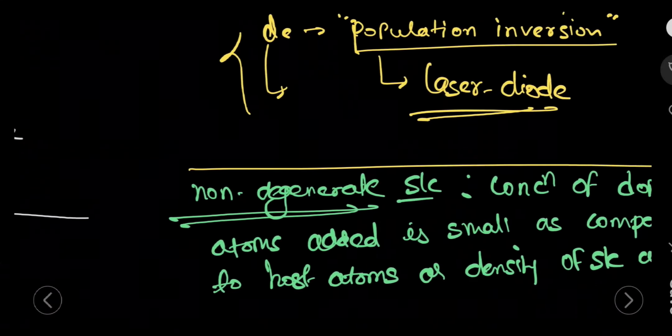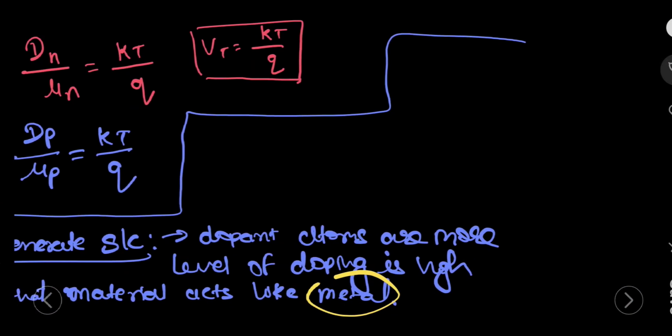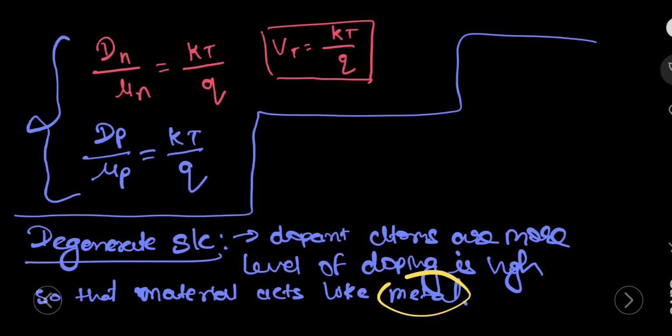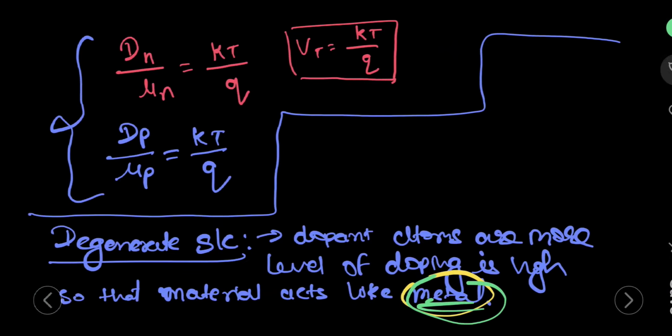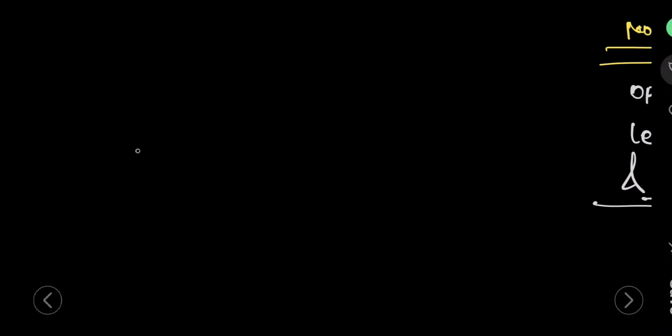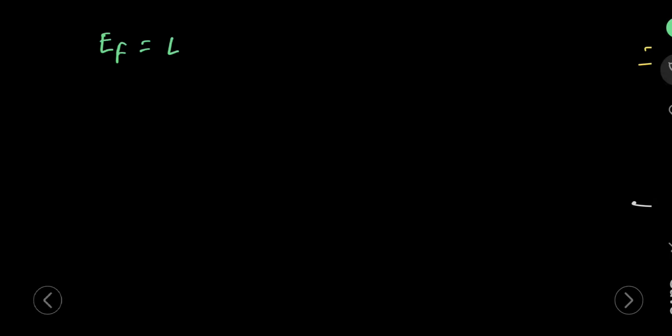When we talk about degenerate, there is one formula for how it behaves like a metal. There is a conduction band and a valence band. The Fermi level equation is given by EF equals EC minus kT ln NC by ND.